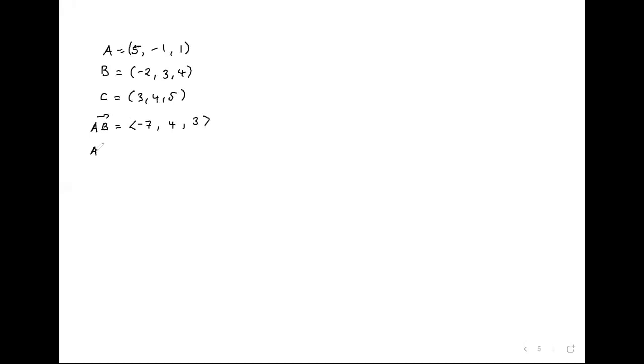And then you get AC. Since I have AB, then I'll get BC. So BC is 5, 1, 1.